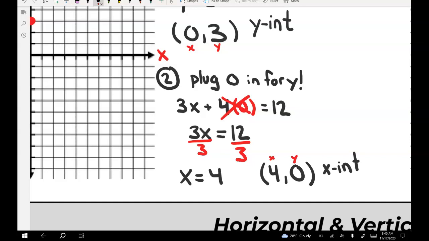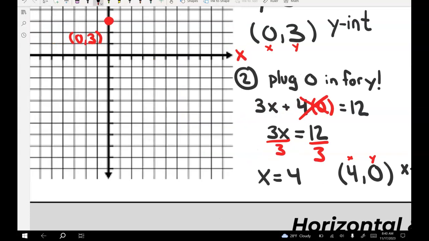So now we just have to graph that point, (4, 0), which means we just go 4 spaces to the right and draw a point. 1, 2, 3, 4. We have a point right here. That's the point (4, 0).